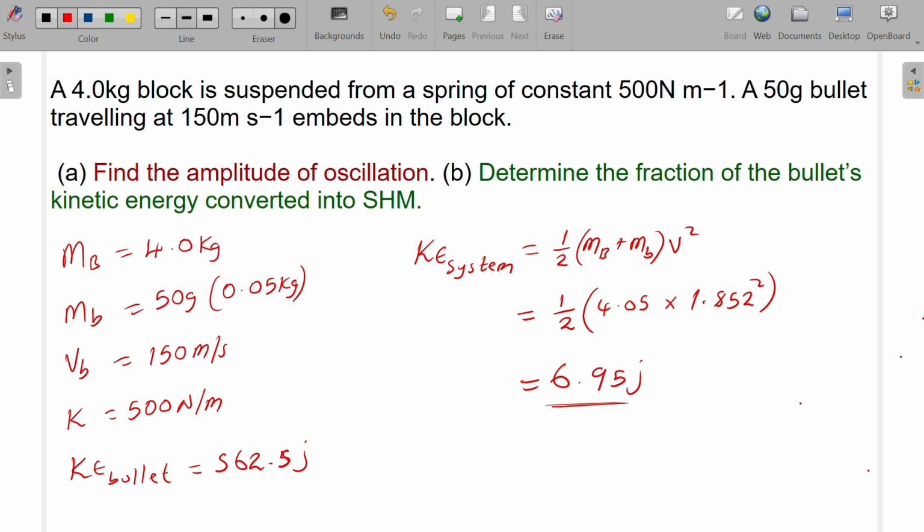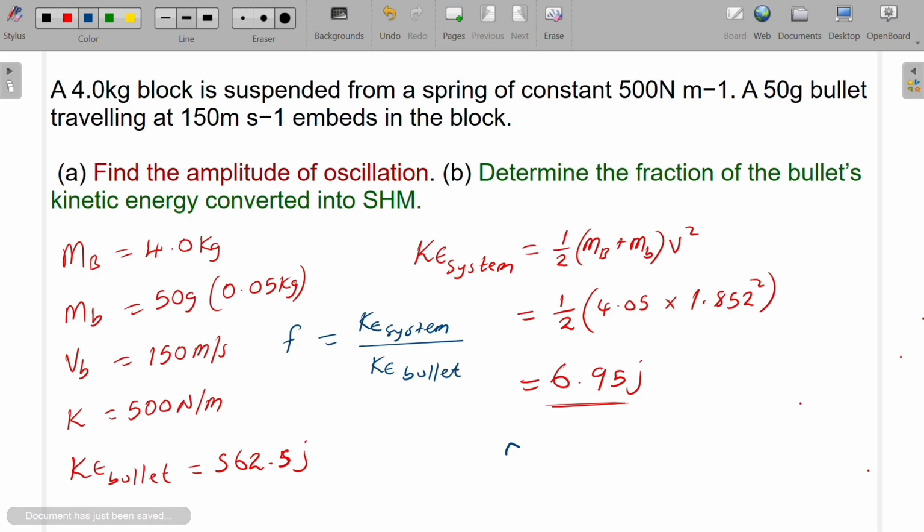Now to find the fraction of kinetic energy converted into simple harmonic motion, we need to use the ratio that we have here. So the fraction that we're going to call F will be equal to the kinetic energy of the system divided by the kinetic energy of the bullet.